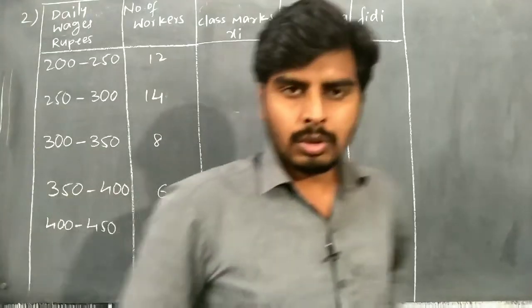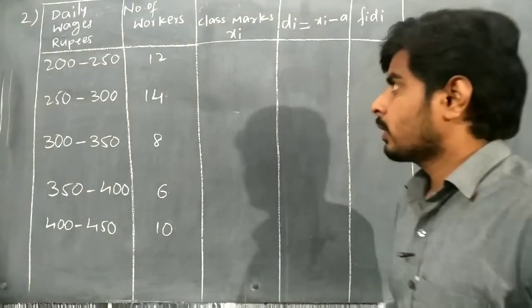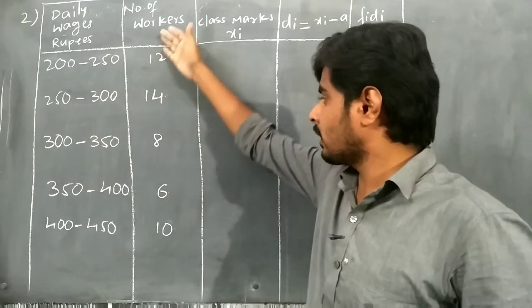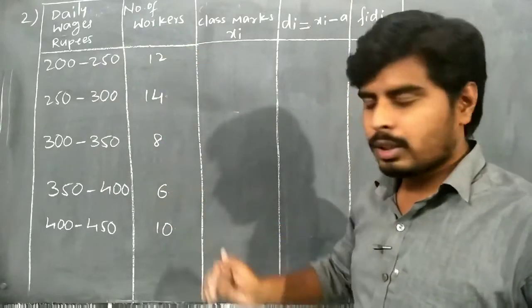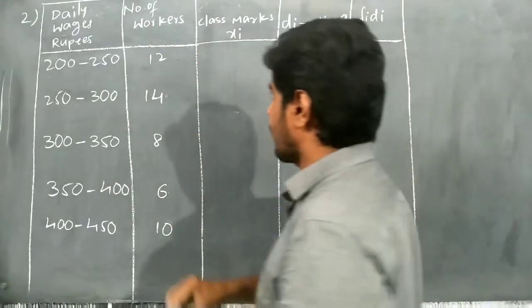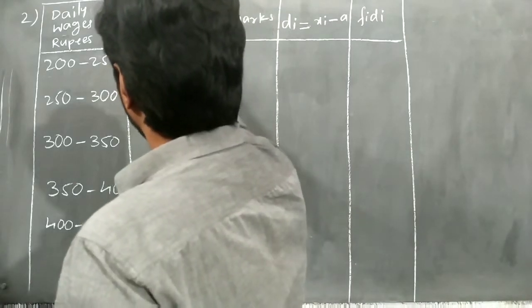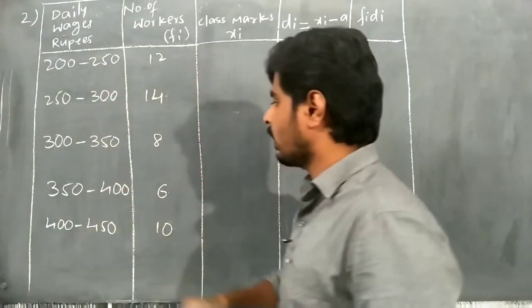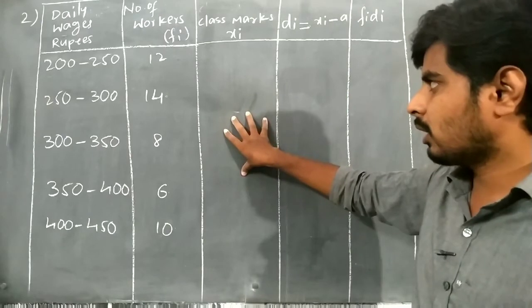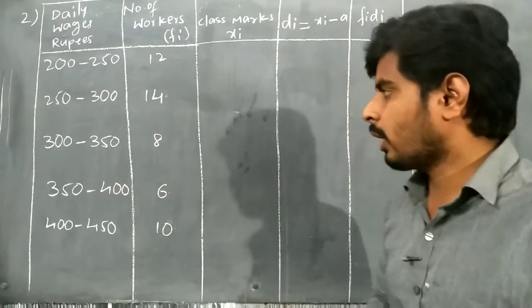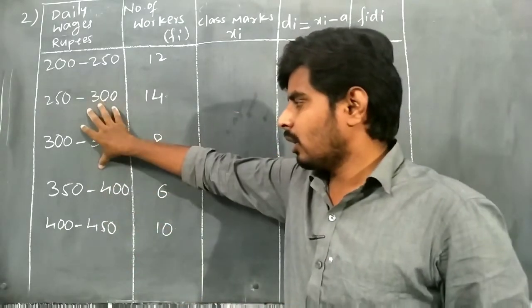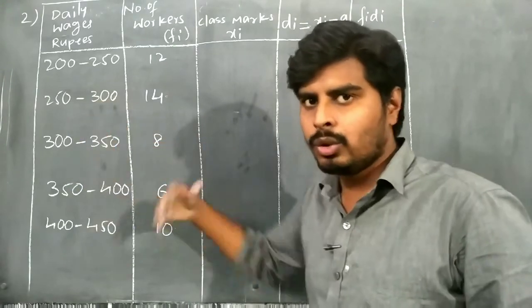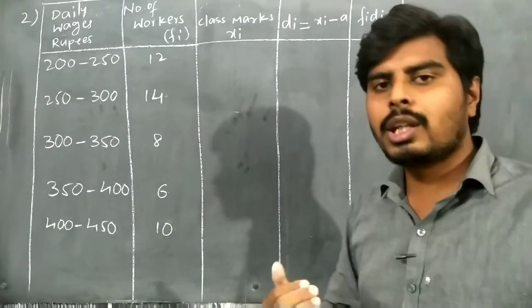Now look at the solution. These are the daily wages and these are the number of workers, that is Fi, the frequency. These are Xi values, the class marks. These values are larger here, that is why I am going to take the deviation method.